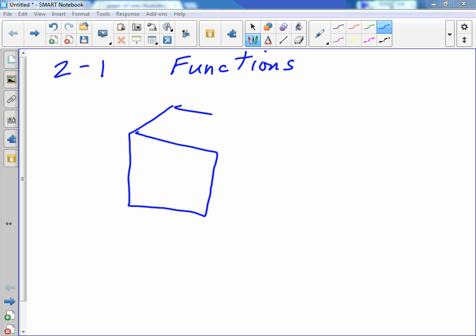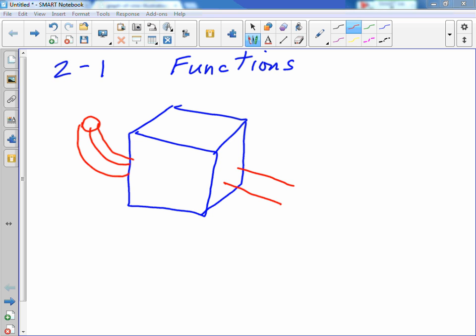So we have this magic box, and in one end there's a little tube that goes into the box. And on the other end there's a little chute that comes out of the box. My drawing is not beautiful, but that's okay.